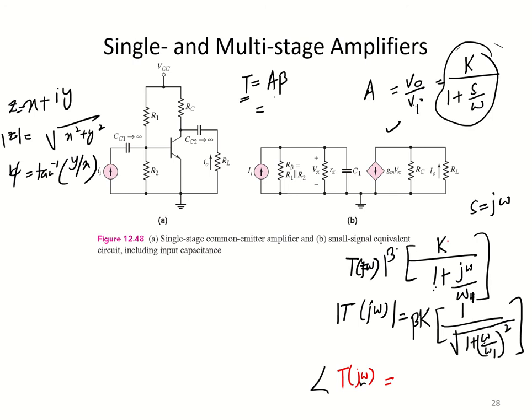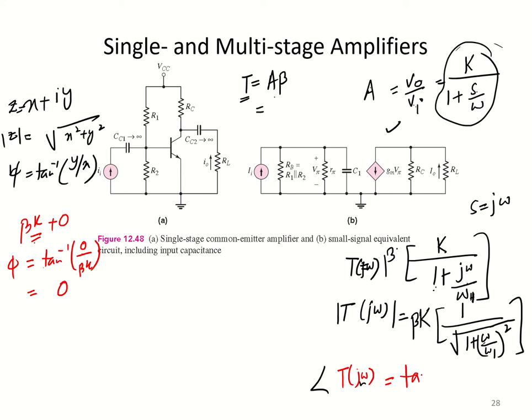You have a constant, beta k, which is only a real number, so its imaginary part is 0, and the tangent inverse of 0 over a real number is 0.